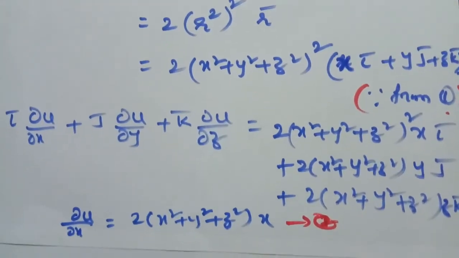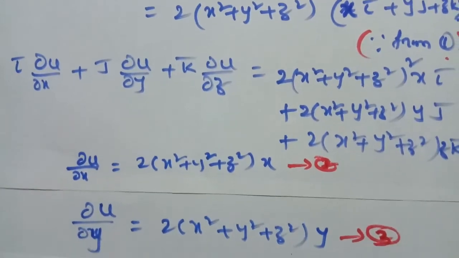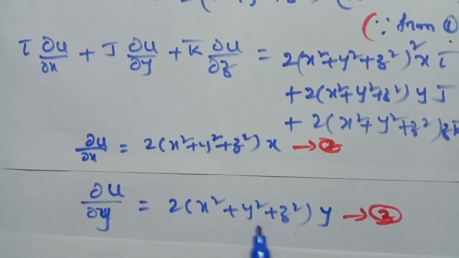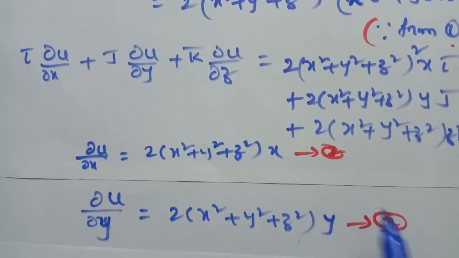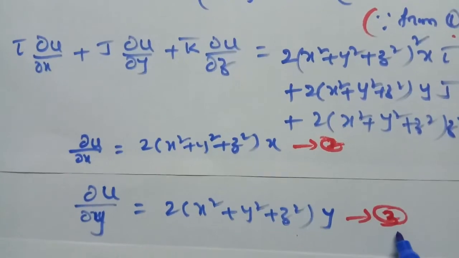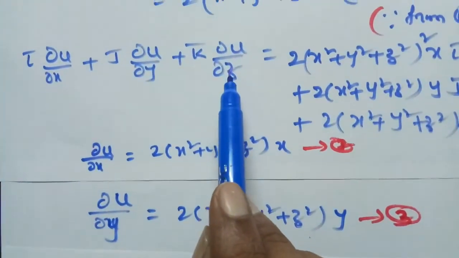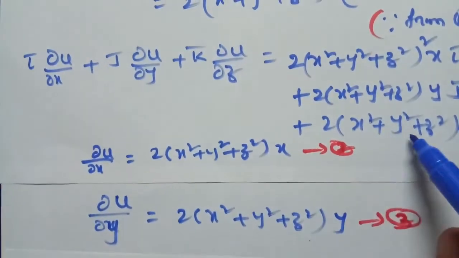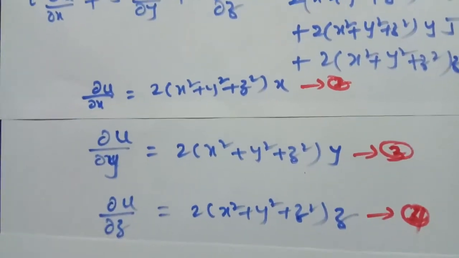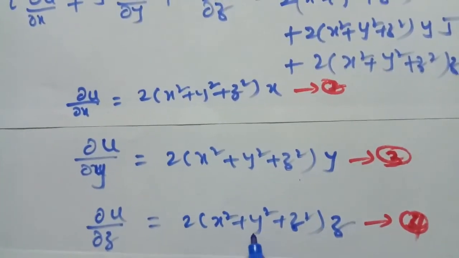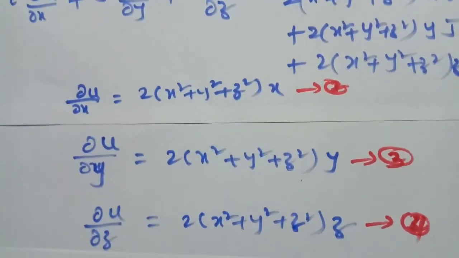So therefore dou u by dou y is equal to 2 into x square plus y square plus z square into y. Say this is equation number 2, this is equation number 3. Now the component of k bar: dou u by dou z is equal to 2 into x square plus y square plus z square into z. Say this is equation number 4.